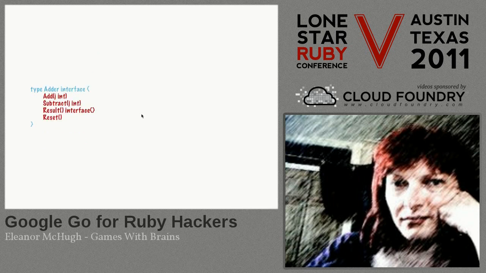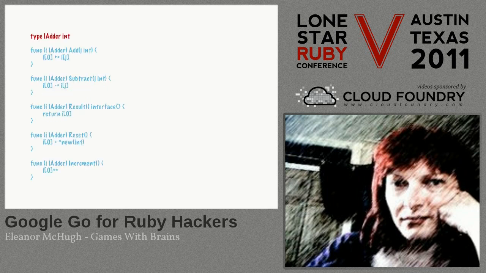We've got 4 methods back there that a type has to implement to be an adder, and we just implement them. They don't have to be in the same place. This could be in a completely different package. This code could have been written 4 years before the interface was defined, but any code that uses the interface would automatically pick this type up as compliant with it, which is a great way of allowing for reuse in libraries. Down here, I've got a couple of little tricks I'm going to show off.